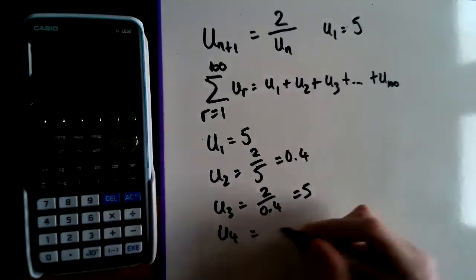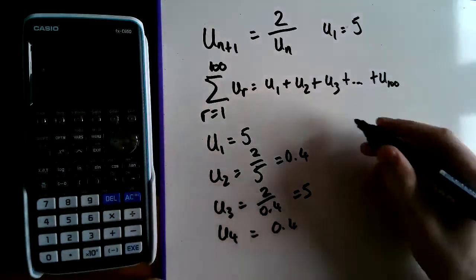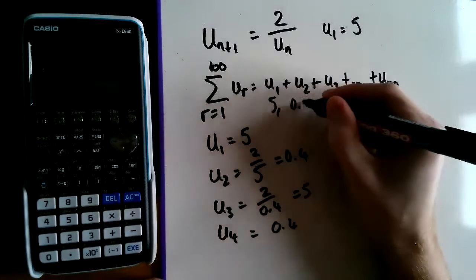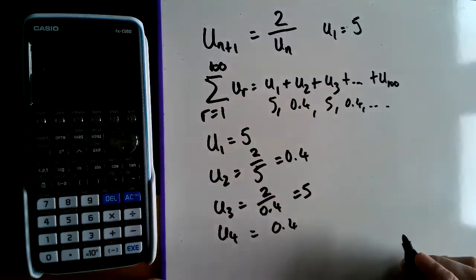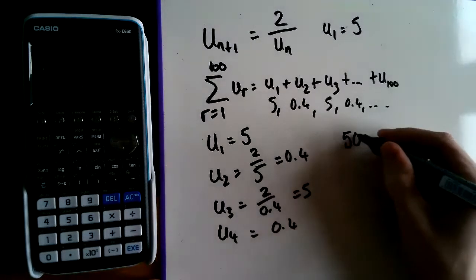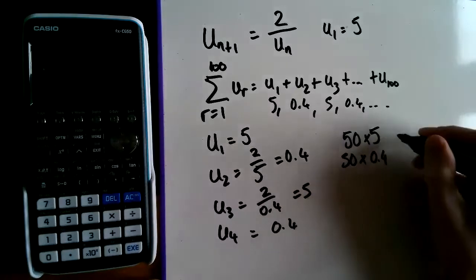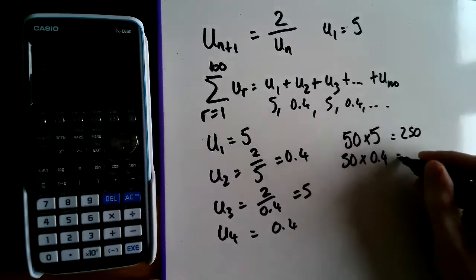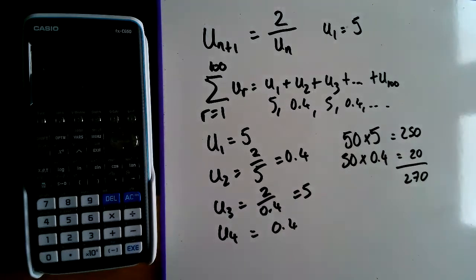For u4, if I sub 5 into there, I'm going to get 0.4 back. So it's going to go 5, 0.4, 5, 0.4, etc., all the way to 100. So I'm going to get 50 lots of 5 and 50 lots of 0.4. So 250 and 20. Altogether, now add them up, I should get 270.